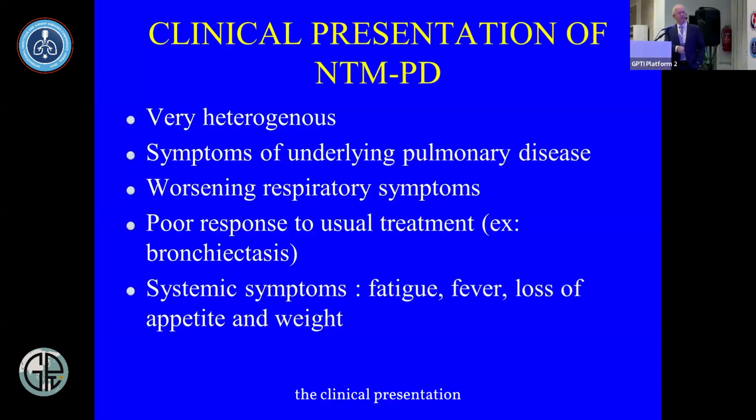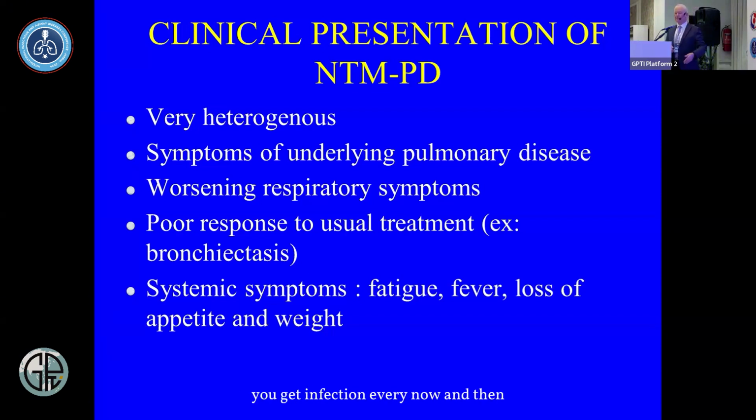The clinical presentation obviously is very heterogeneous, depending on the underlying pulmonary disease. So you can have the symptoms of COPD or symptoms of bronchiectasis. But the key thing is the worsening respiratory symptoms. So, for example, a person who has bronchiectasis produces sputum.